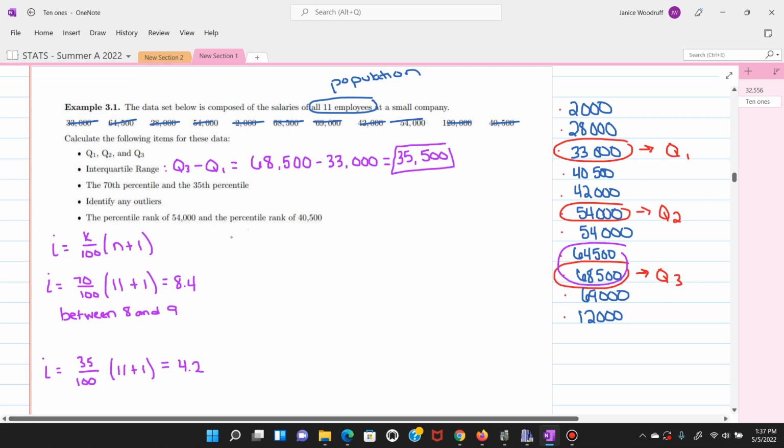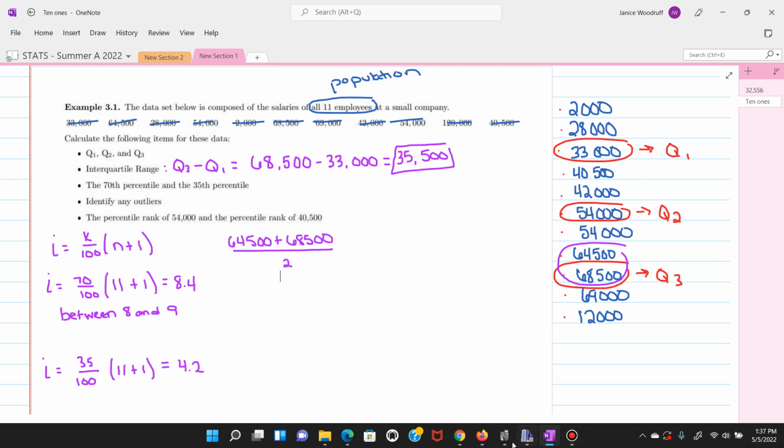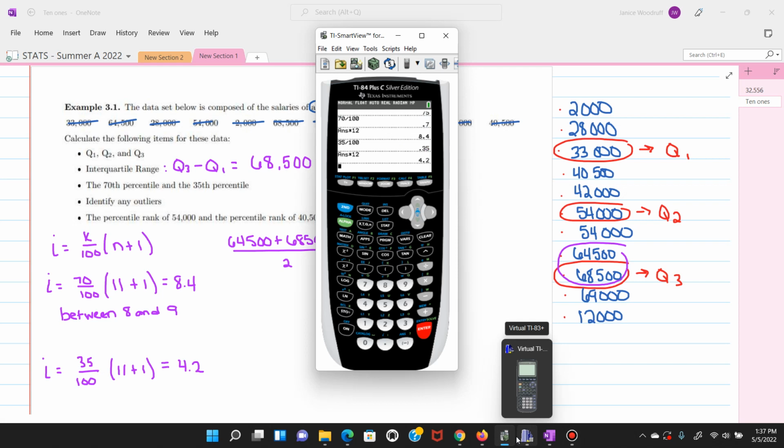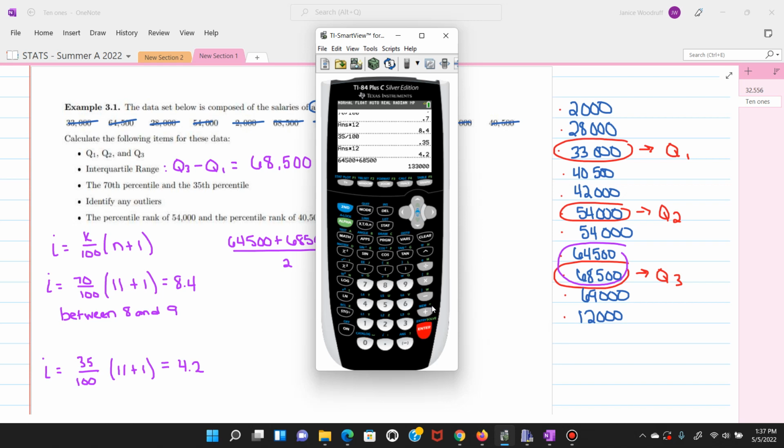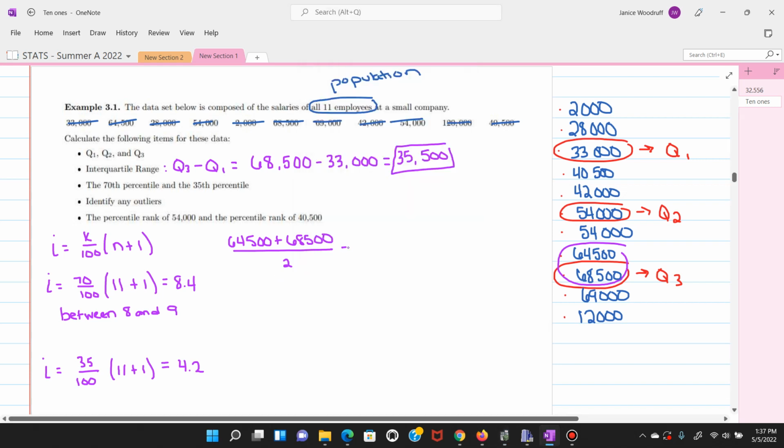Okay, so we want 64,500 plus 68,500 divided by 2. So that is going to give us 66,500. That is the 70th percentile.